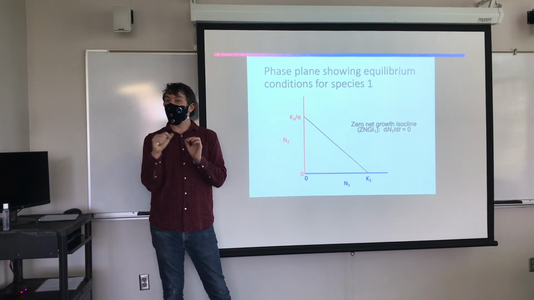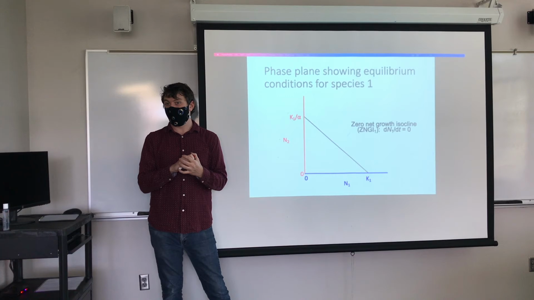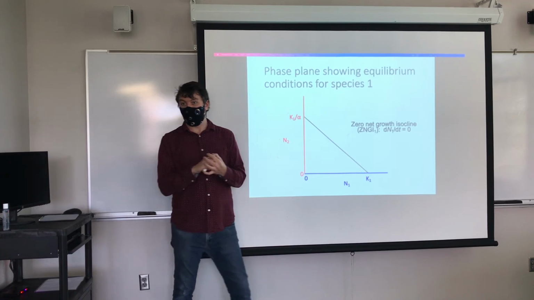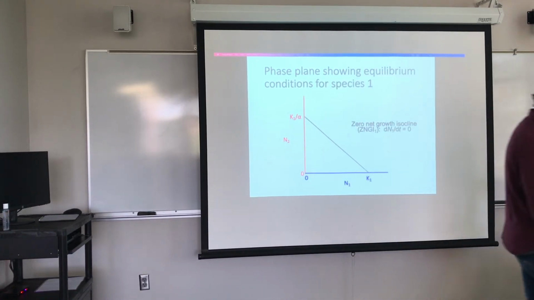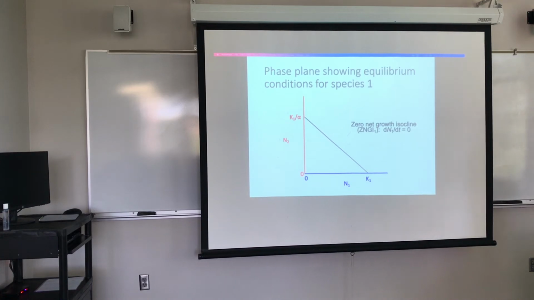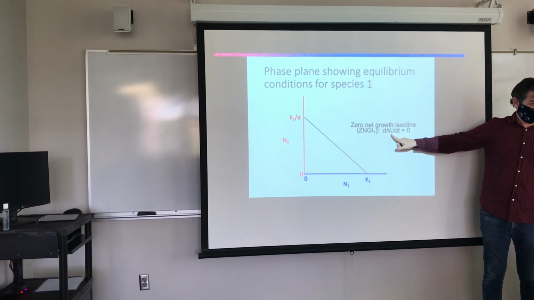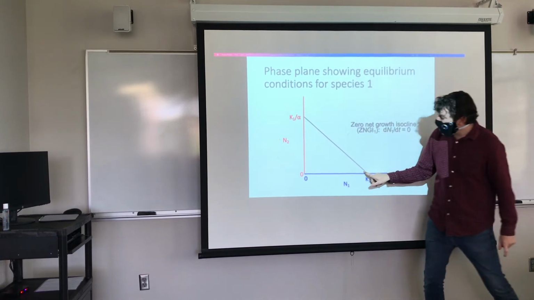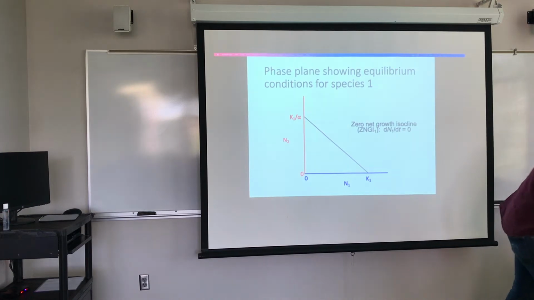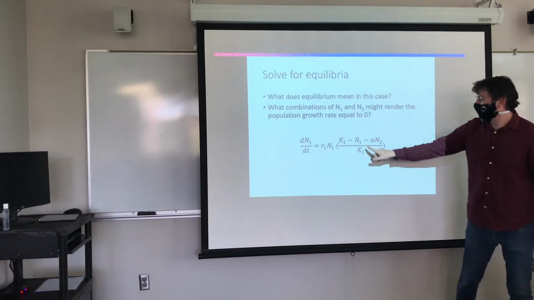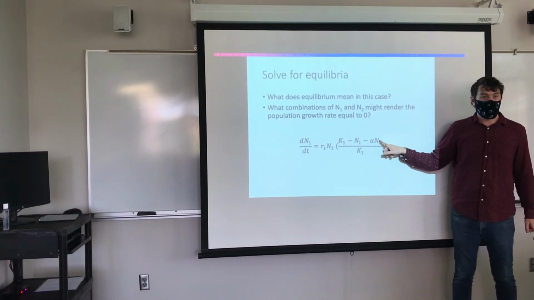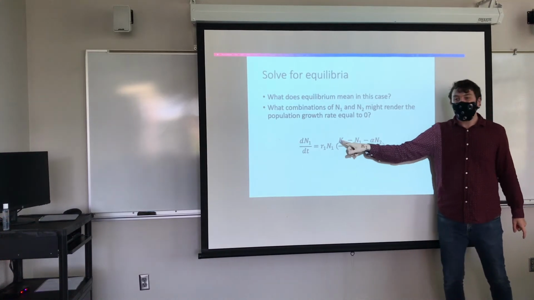We're only thinking about 1 and 2 species right now. Oh, the rate of change of species 1. So this line represents all the combinations of these 2 terms that will sum to k and make this 0.